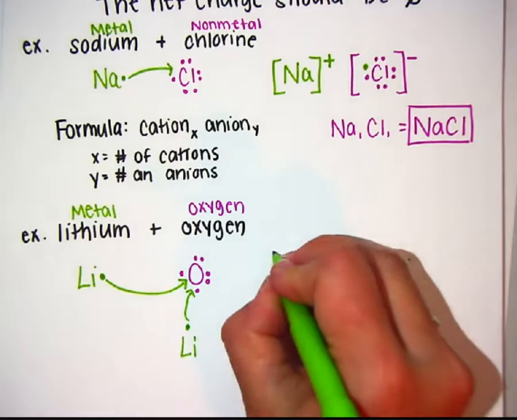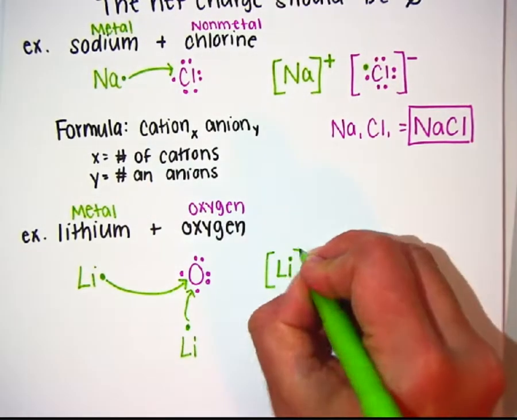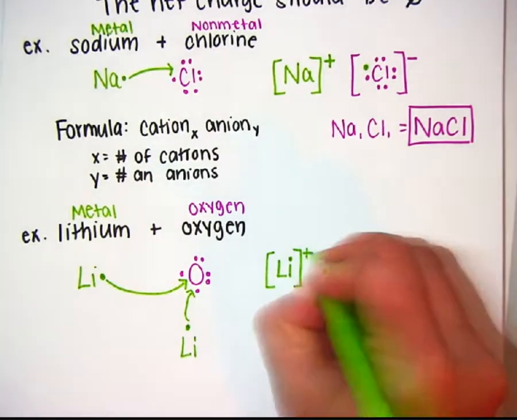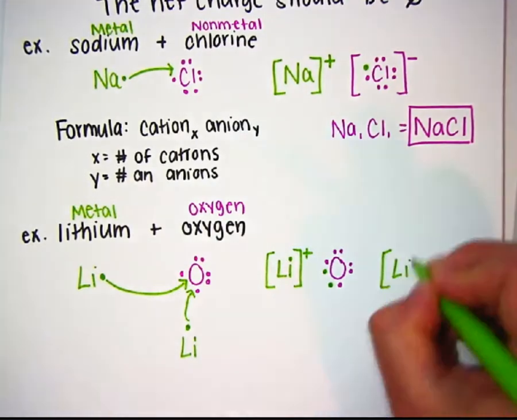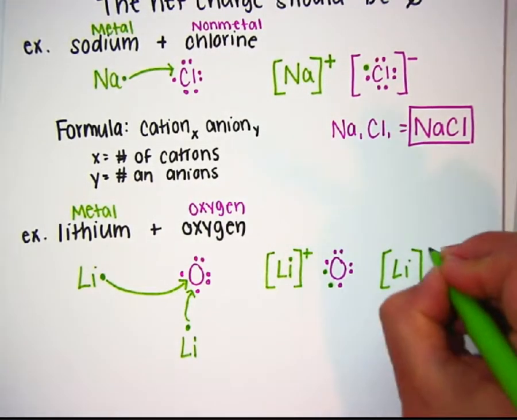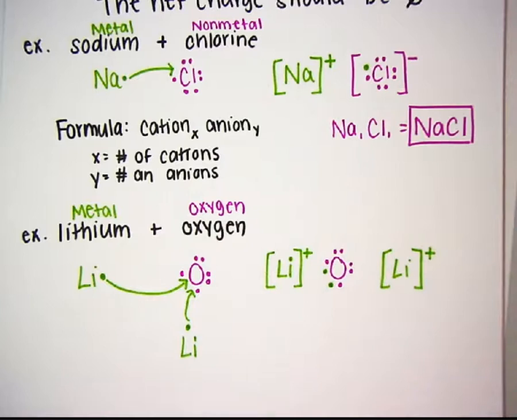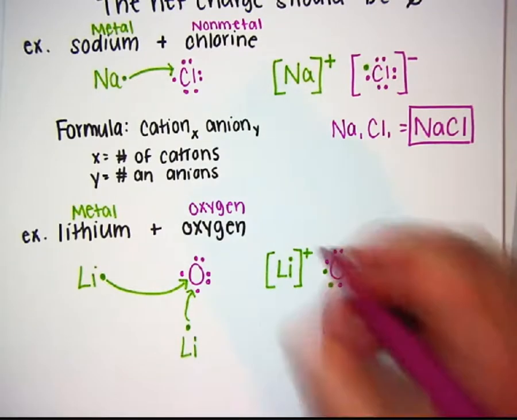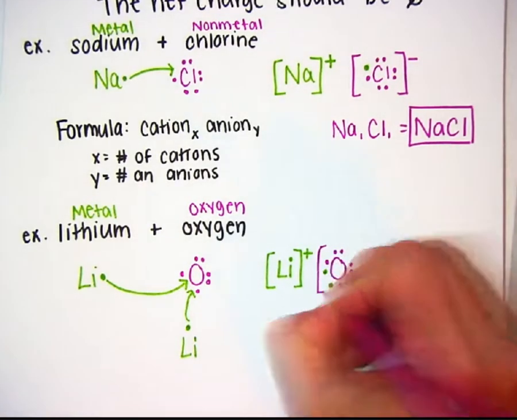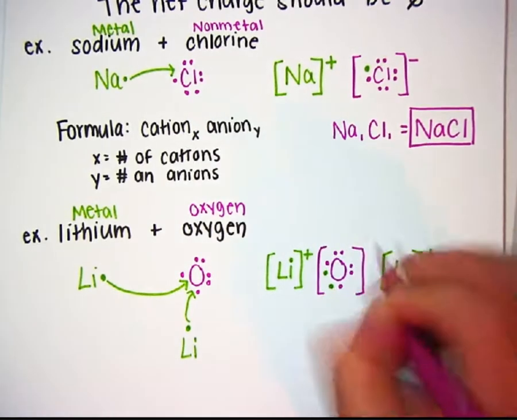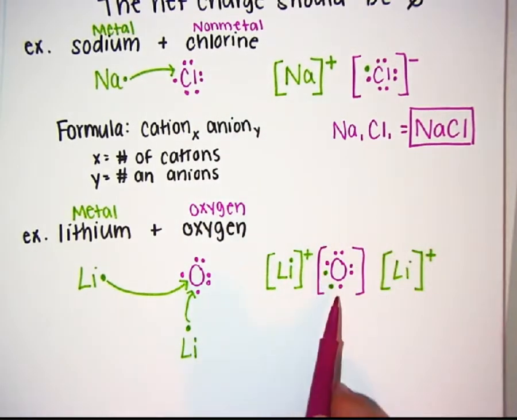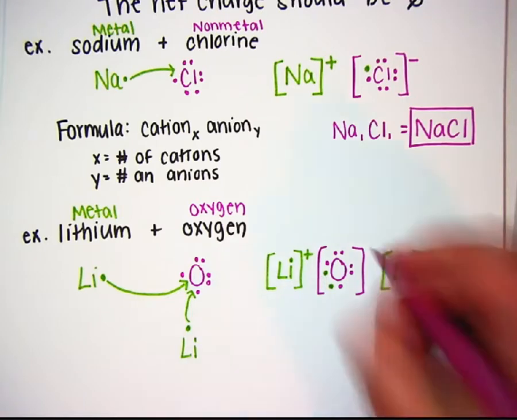Last step, let's put in our charge. Lithium had 1 valence electron. It lost that 1 valence electron. It has a charge of positive 1. We write ions in brackets. Green is representing the number of electrons that oxygen gained. It gained 2 electrons.